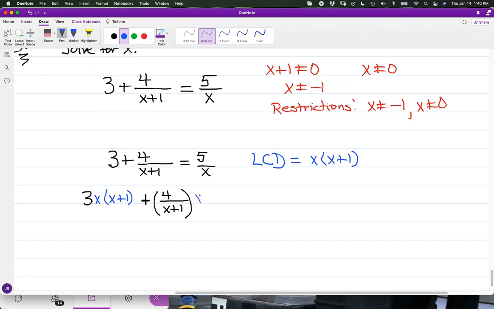Again, we're multiplying by the least common denominator. Notice we're not writing all the fractions in terms of the least common denominator. We're going to clear out the denominators, because we're dealing with an equation as opposed to combining fractions or terms together.